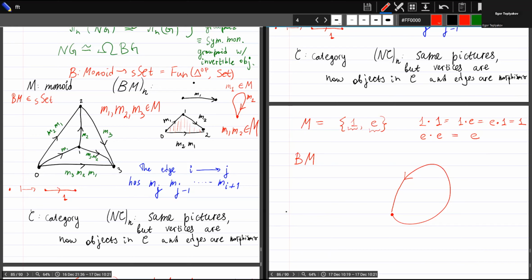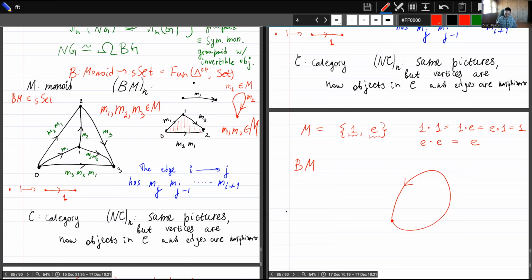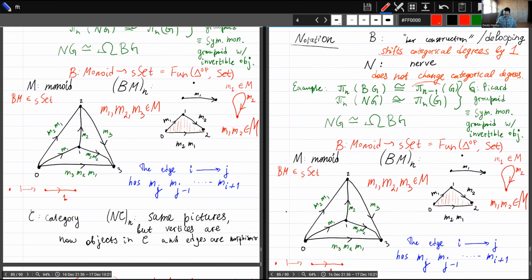Please, I don't understand a bit. Since I have seen in some literature that BM is denoted as a classifying space of a monoid. Yes, that's the other bit of terminology. I guess I should mention it.